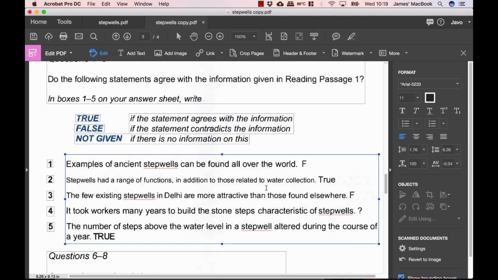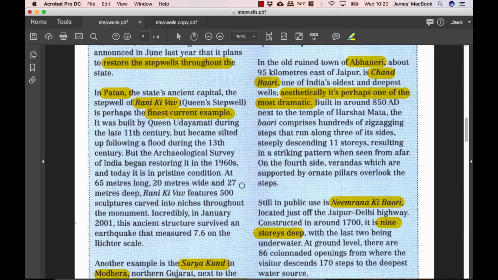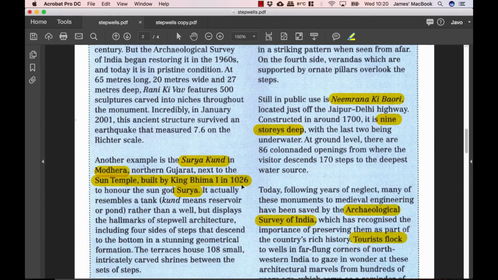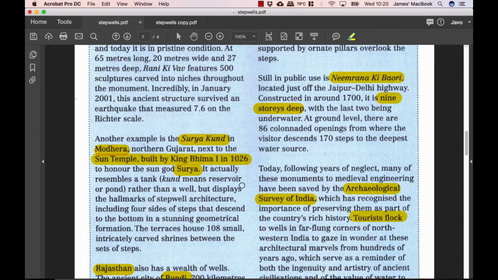True, false, not given are some of the most annoying because you have to read the whole text. But this is about skimming now, skimming for the text.